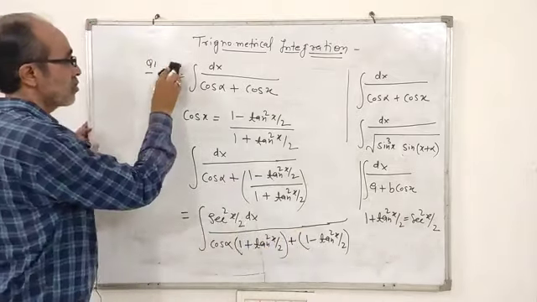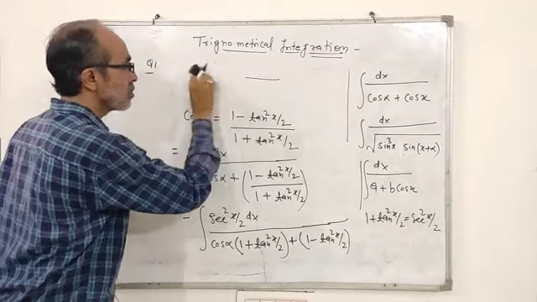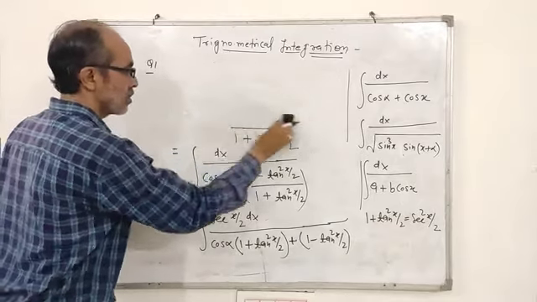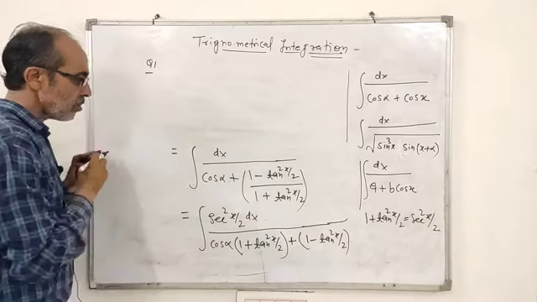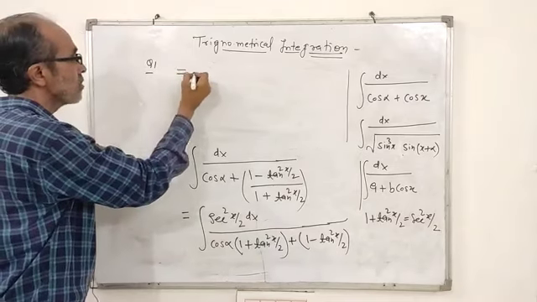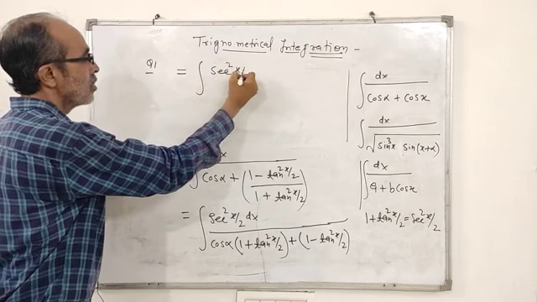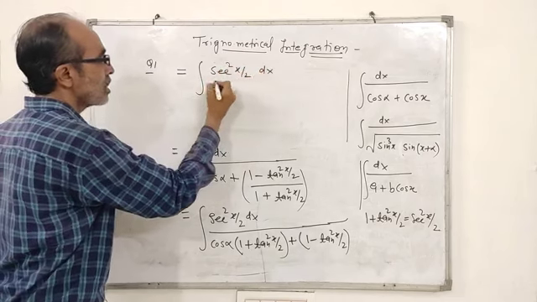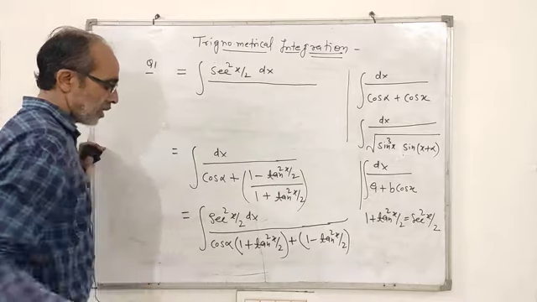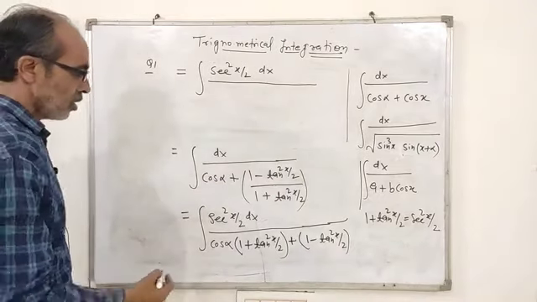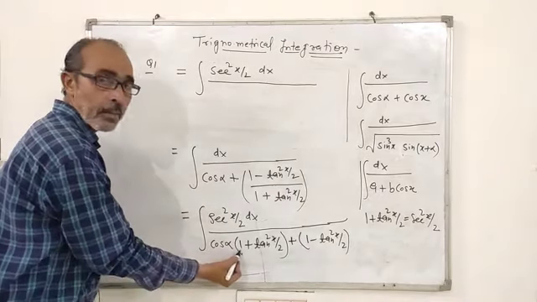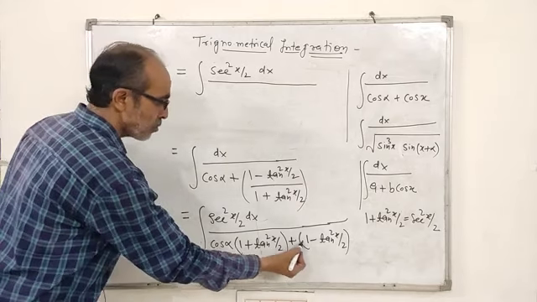Now the integral is sec square x by 2 dx divided by cos alpha multiplied by 1 is cos alpha, plus 1.